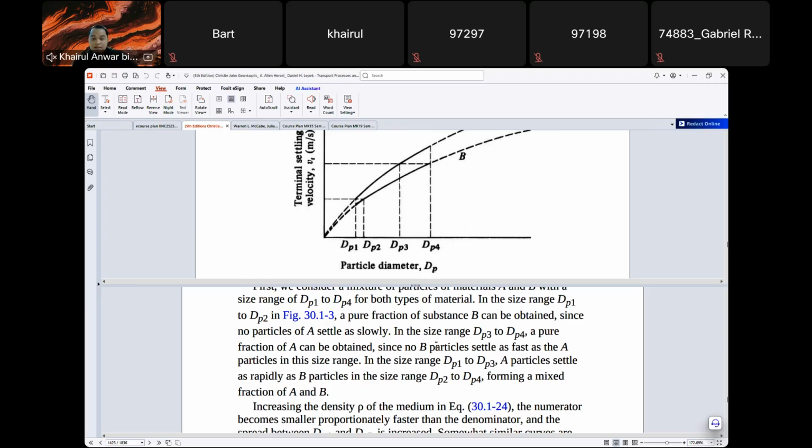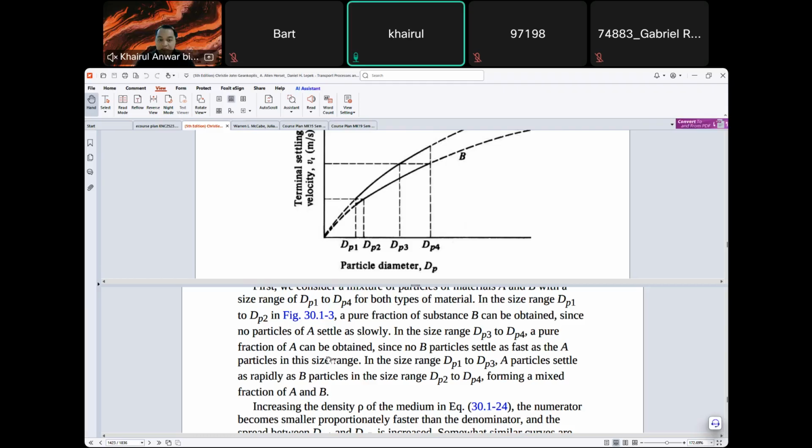In the size range DP3 and DP4, a pure fraction of A can be obtained since no particle B settles as fast as particle A. So DP3, DP4, only this one.